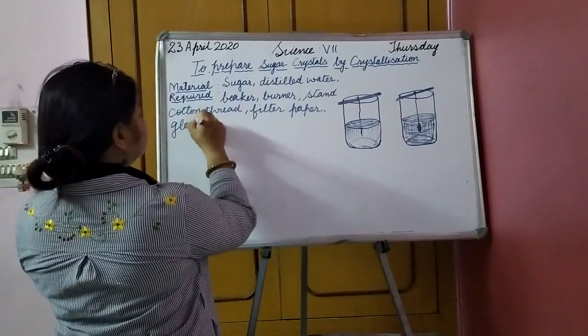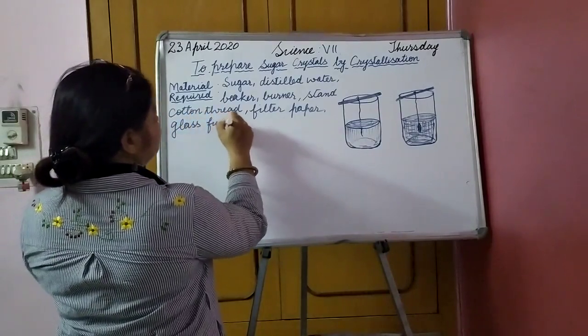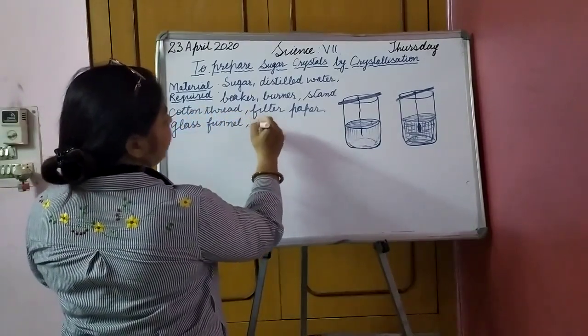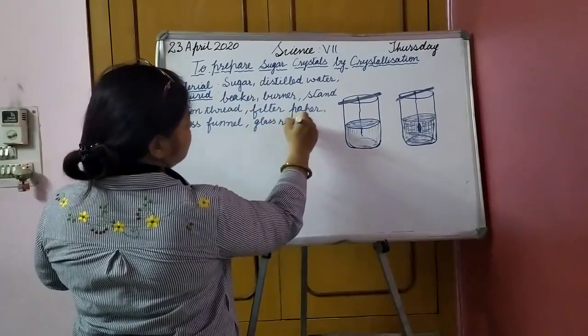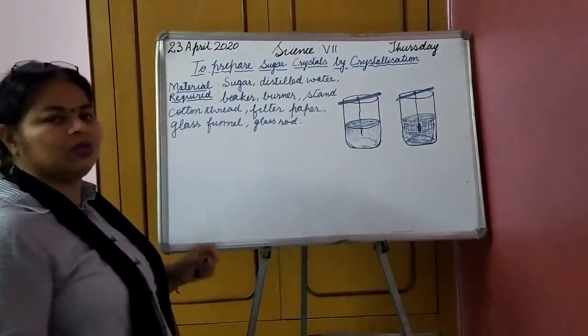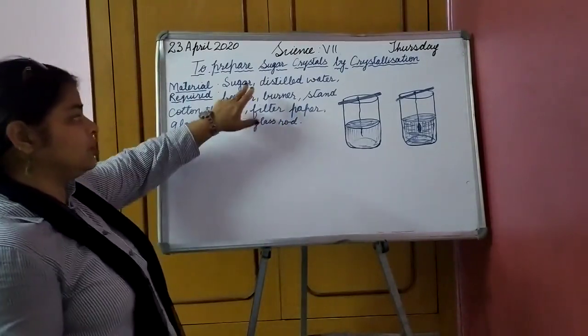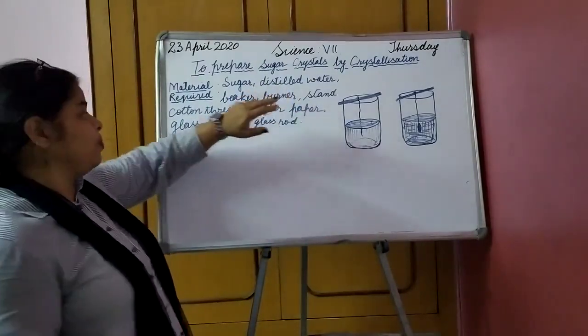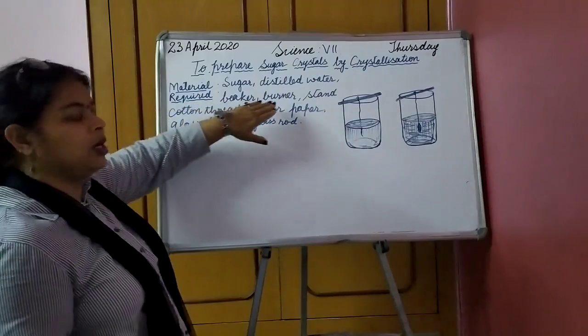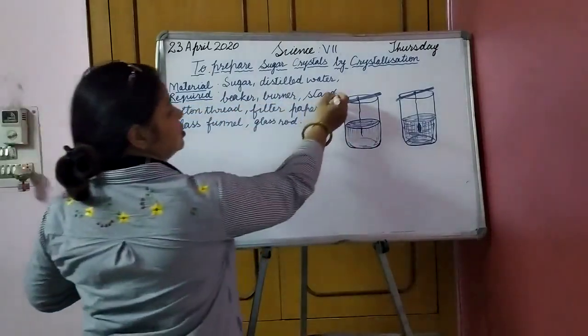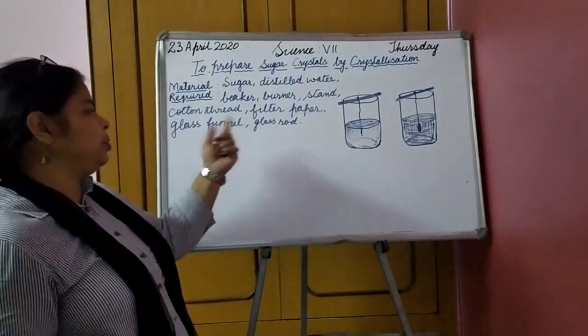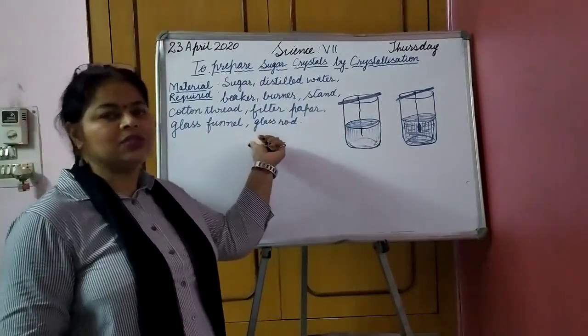Glass funnel and a glass rod. Okay, these are the things that are required by us. Let us see again: sugar, distilled water, beaker, burner, stand, cotton thread, filter paper, glass funnel and glass rod.